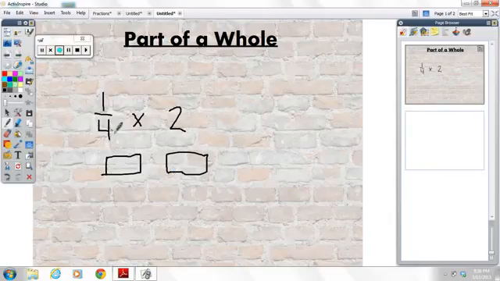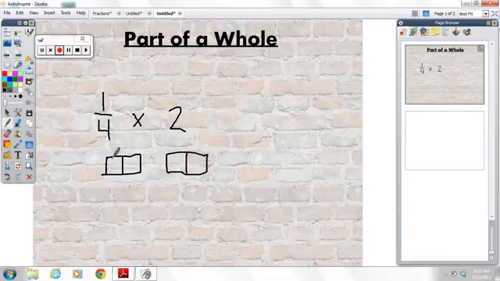And we need to look at the denominator and divide these 2 boxes up so we create 4 boxes total. Well, I could figure out that if I put one line down the middle of this box, one line down the middle of this box, I've created now 4 boxes.